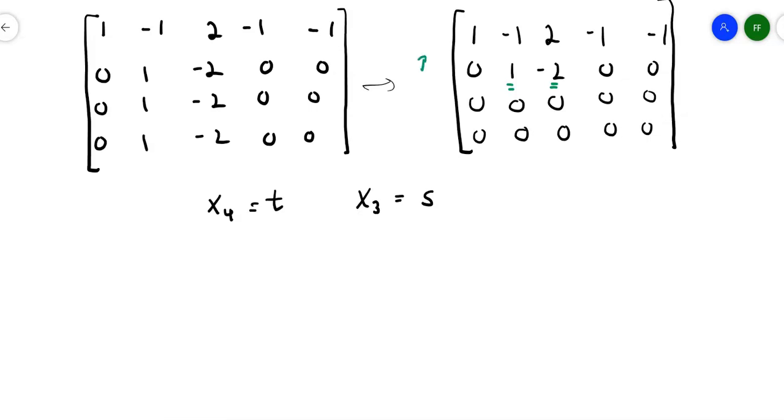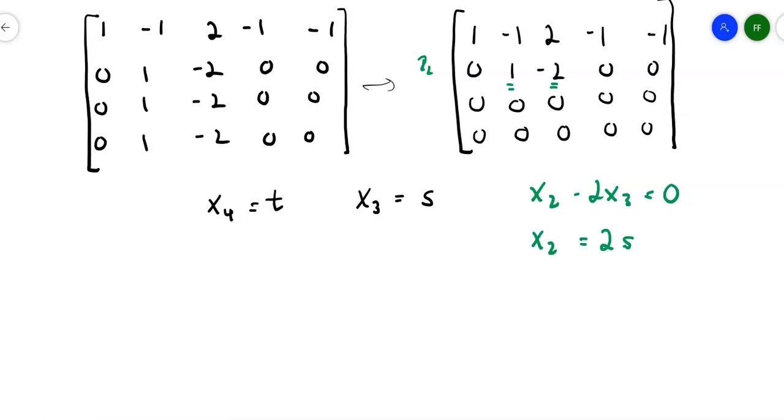Now look at row 2. Row 2 says that x sub 2 minus 2x sub 3 is equal to 0. Well, x sub 3 is s. So x sub 2 equals 2 times s, right? I just moved that over to the other side, replaced it with an s.